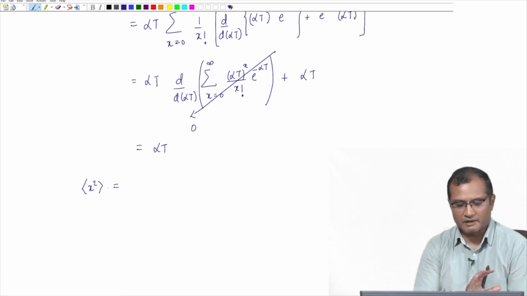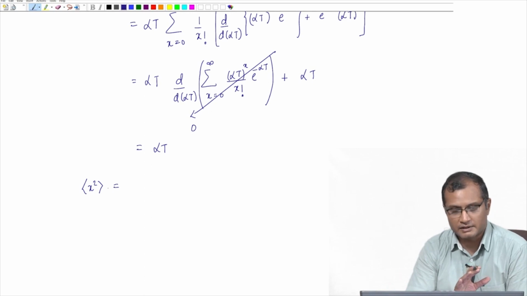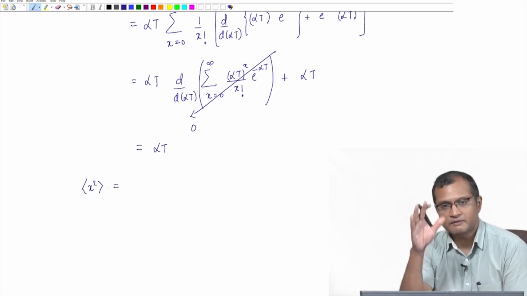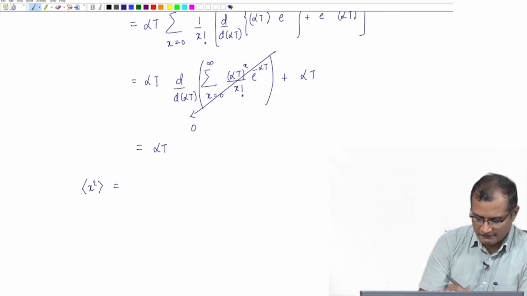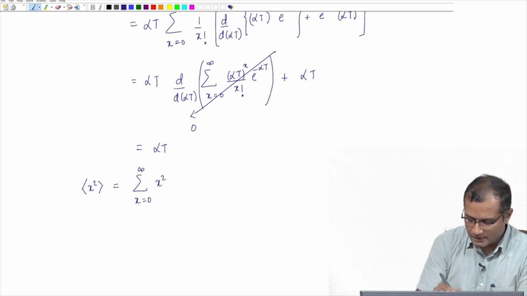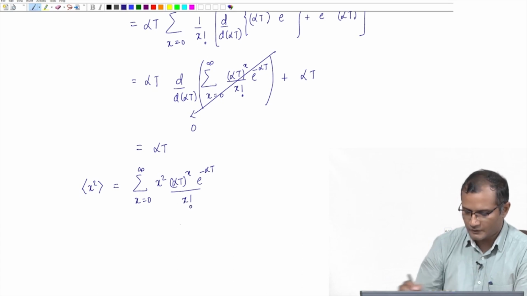Some more effort is required for the second moment, slightly more, I would say substantially more, very tedious. Very straightforward calculation, slightly tedious. So, I will say that by the same logic, this is nothing but summation x going from 0 to infinity x squared alpha t to the power x, okay.